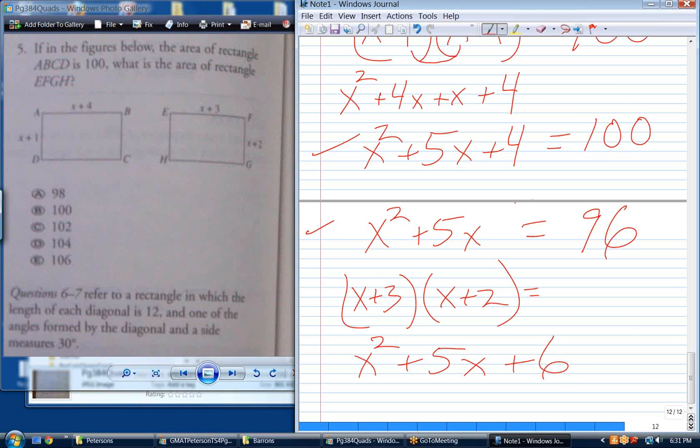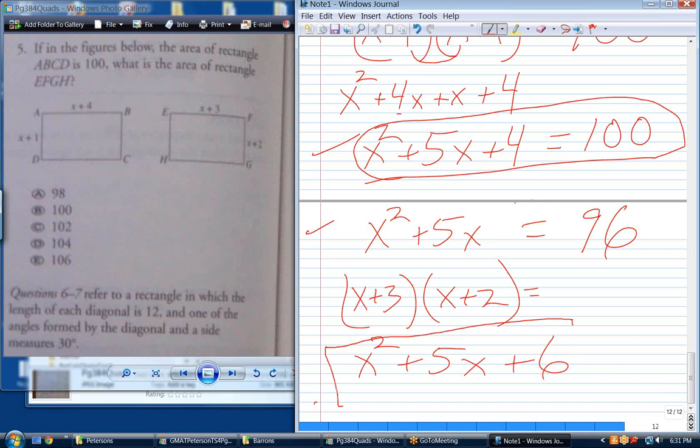So in one case, we had x squared plus 5x plus 4 is equal to 100. So what is x squared plus 5x plus 6 equal to? A little more than 100? 102.